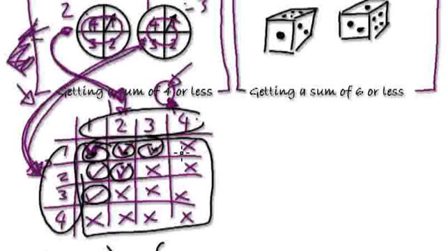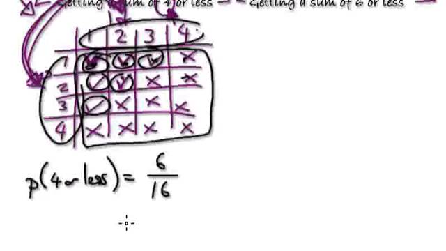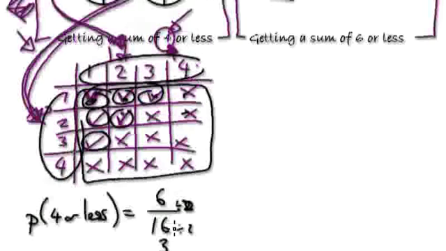So if you count up all the possible outcomes, there should be 16. 4 times 4 is 16. So here, you could divide top and bottom by 2. Just to tidy up, 3 over 8. So probability of 4 or less is 3 over 8.